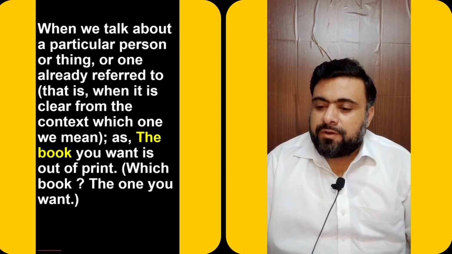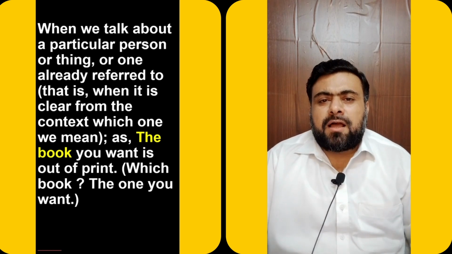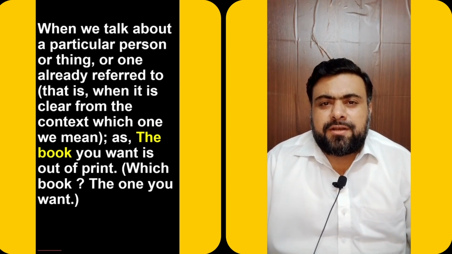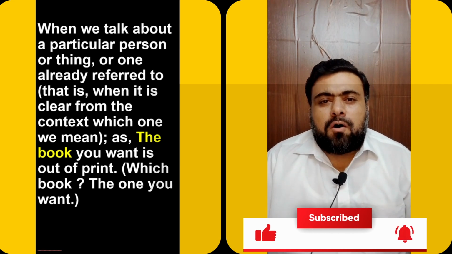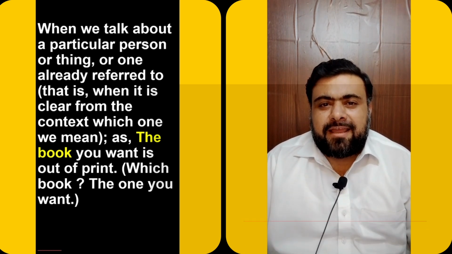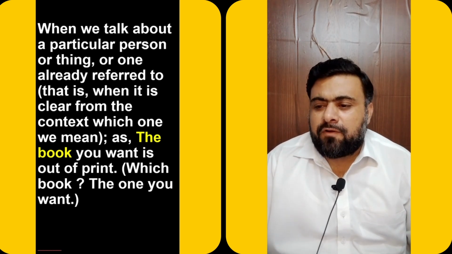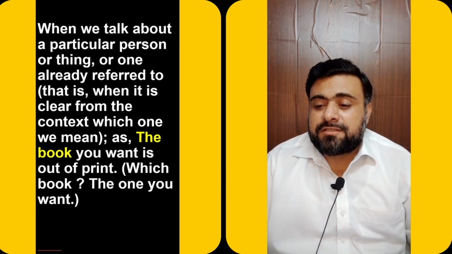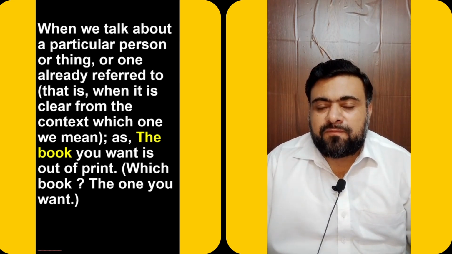Which book? The one you want. The definite article the is used with nouns about which we already know, which we have already pointed out, or we have already discussed, whether it's a person or a thing or a place. For example, the book you want is out of print.